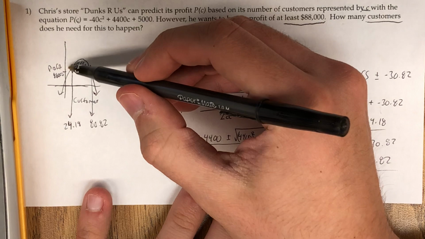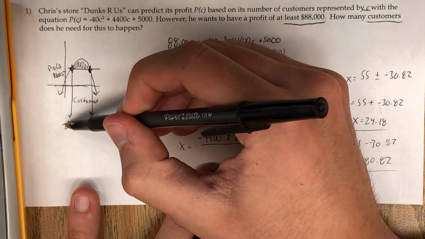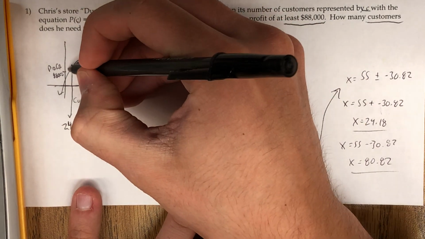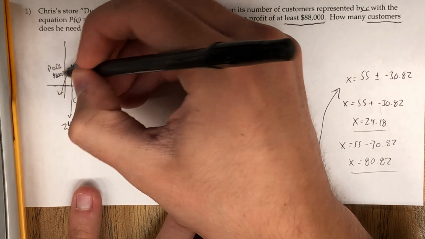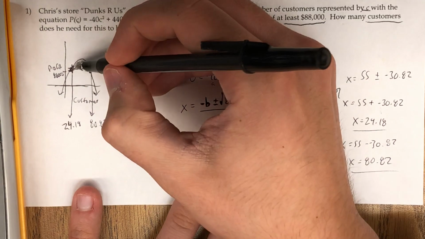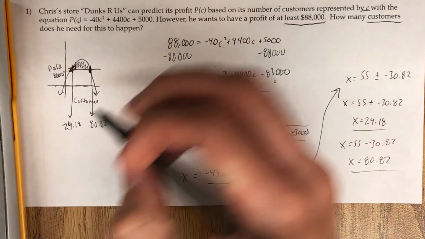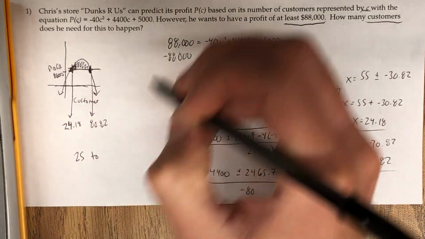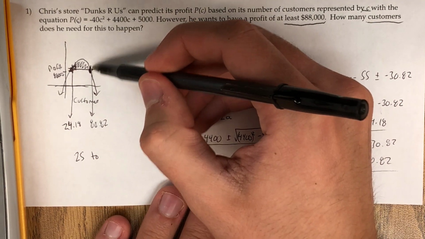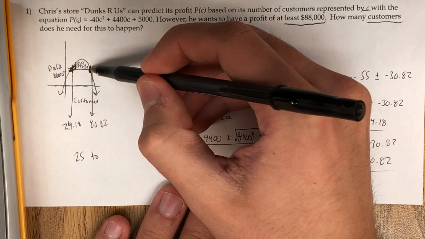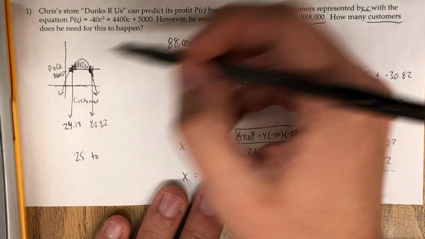So let's think about what happens if we round down. For 24.18, if we round down, that means we're moving to the left here, and the left side is going to be less than 88,000. So 24 won't work, so we need to round up to 25. For here, if we round up to 81, when x is 81, our y value is going to be below 88,000.